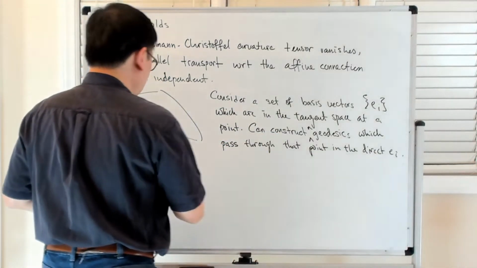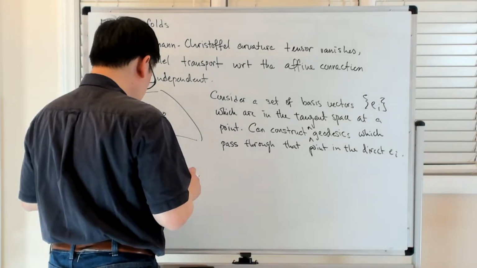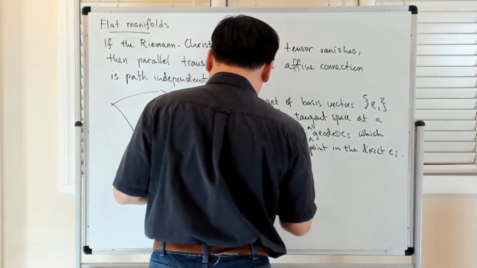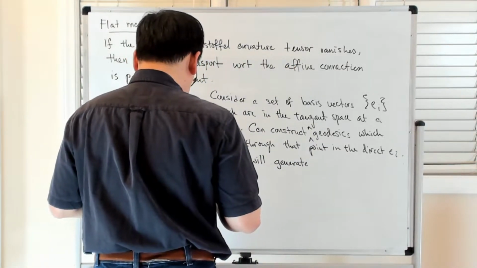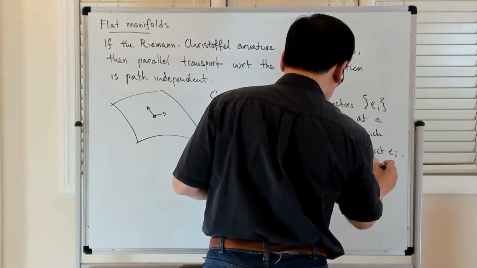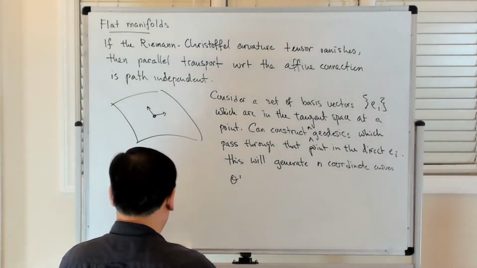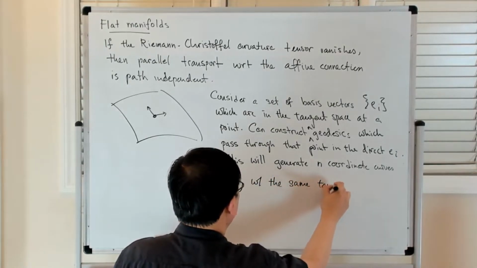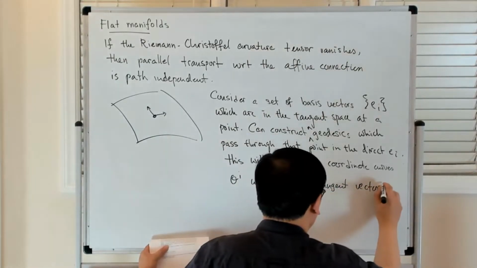Okay, so the claim is that when you do this, this is going to generate n coordinate curves, theta^i, with the same tangent vectors E_i everywhere.